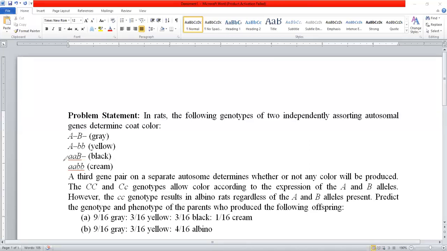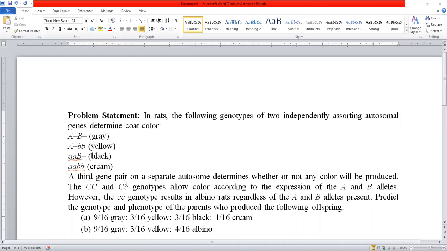If the genotype is small a capital B dash, the black coat color will be produced. And if the genotype is small a small b, the cream coat color will be produced. So these are the different genotypic combinations which produce different phenotypes.